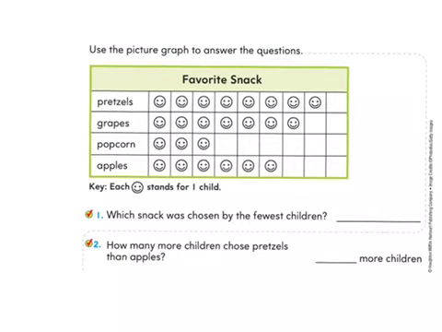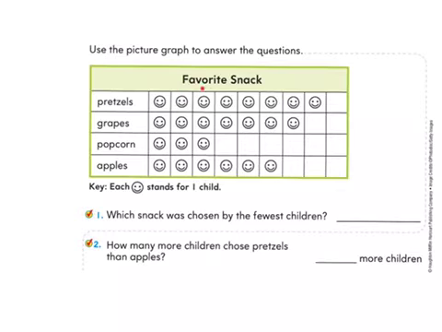So on this graph, it is going to tell us our favorite snack. I don't know if you guys have noticed in our last lesson and this lesson, there's always a title for these graphs or charts because we need to know what it's telling us. If this title wasn't here, we could probably figure it out, but we really wouldn't know what the graph is for.